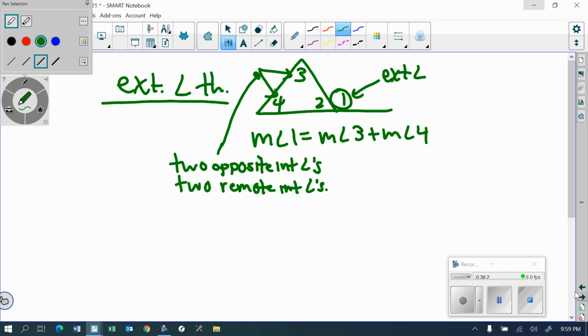So if I want to use just words, I could say the exterior angle of a triangle equals the sum of the two opposite interior angles, or I could say the exterior angle of a triangle equals the sum of the two remote interior angles. Remember, sum means addition, the answer to an addition problem. That's how you describe it in words.